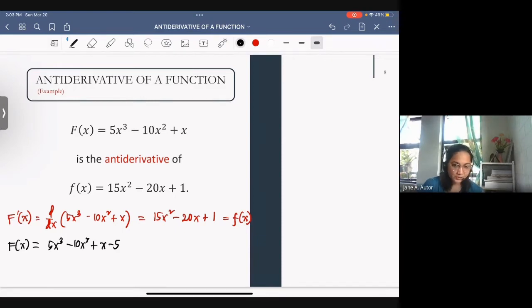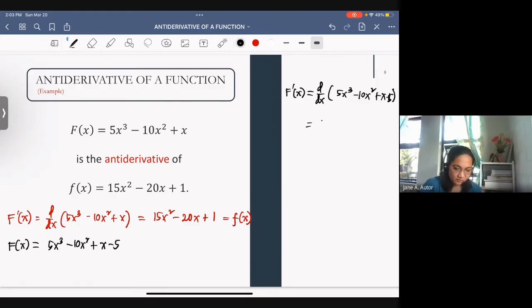Because if you check the derivative of capital F, we have capital F prime of x equals the derivative of this function with respect to x. This is equal to, let me just copy this one, minus 5 is also equal to, by power rule, let's go directly to the derivative of this function.